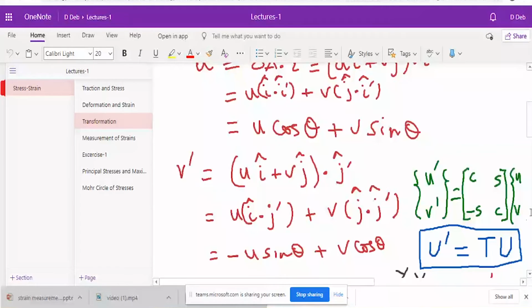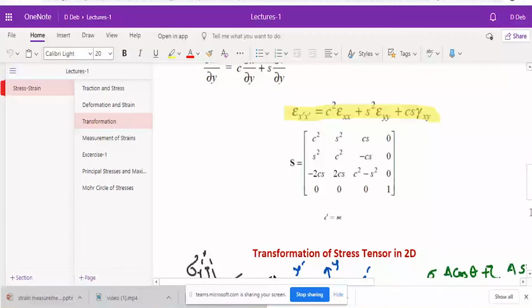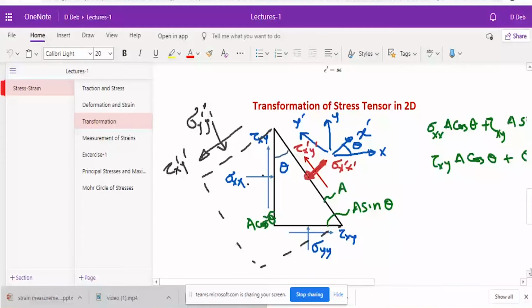Now we go to transformation of stresses. Now this figure is a little bit clumsy though, but let's assume this is a triangular element, and sigma xx, tau xy and sigma yy, tau xy are being applied.